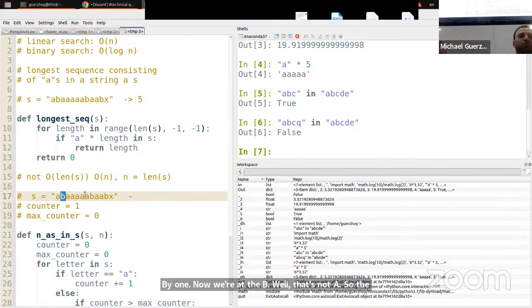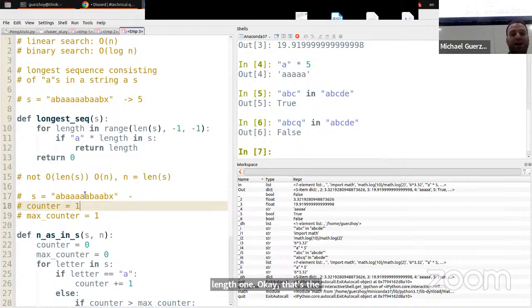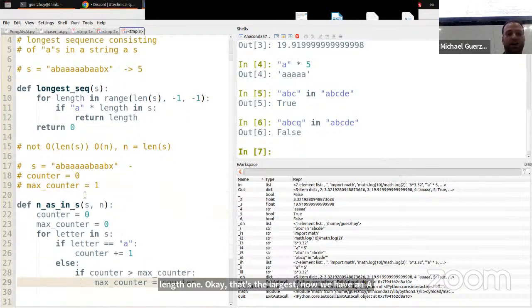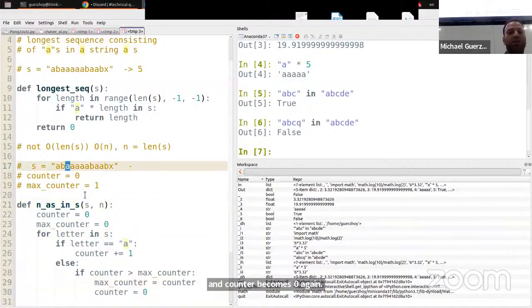The largest sequence of A that we saw so far is of length 1. So, okay, that's the largest that we saw so far. Now we have an A, and the counter becomes 0 again. So now we have another A, counter is 1. Another A, counter is 2. Another A, counter is 3, 4, 5, counter is now 5. And now we're at the B, so the current sequence of A has ended.